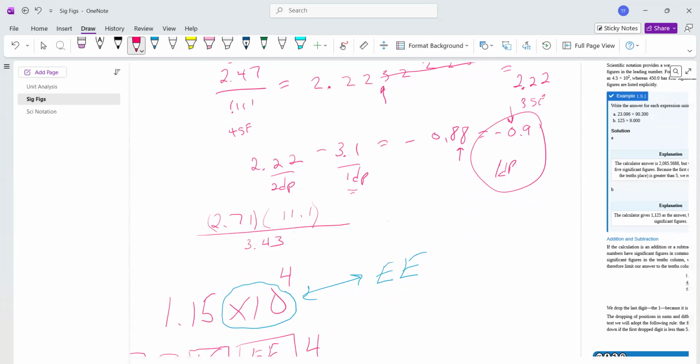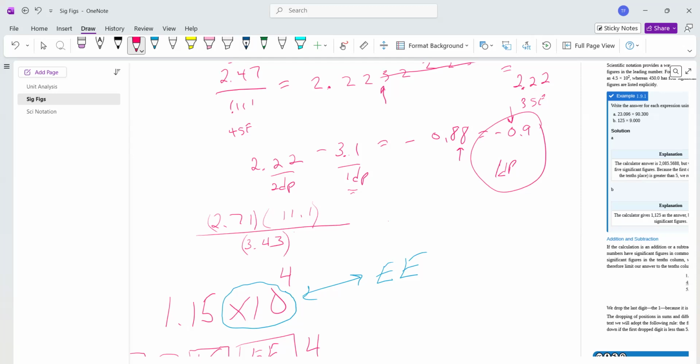Now this problem here is a good illustration of the typical problems we're going to see in this class, where we have mixed multiplication and division. Now I'm going to show you 2 ways to do this problem. One way is prone to errors, but a lot of students frequently do it this way.